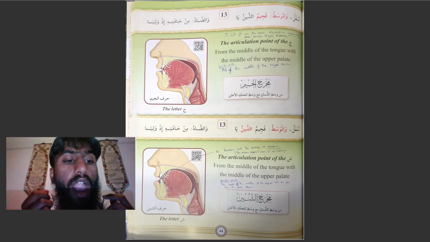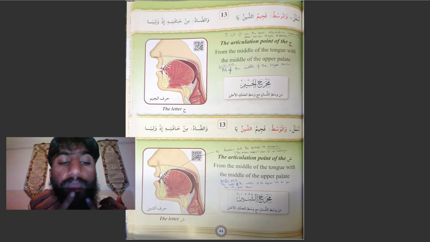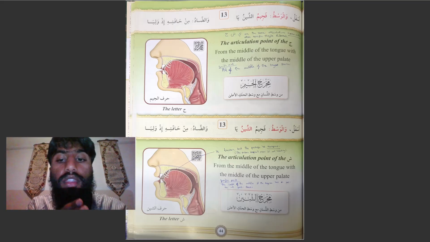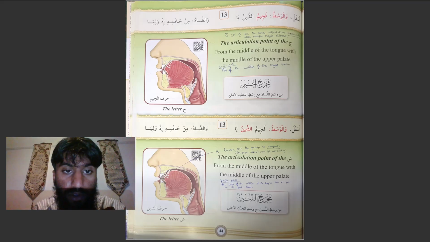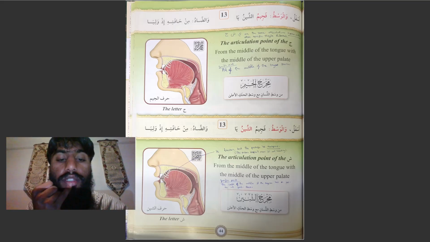So if you lift the middle of the tongue, it means the front goes down. Okay, as you can see in these pictures, the front of the tongue is going down, and for Sheen as well.